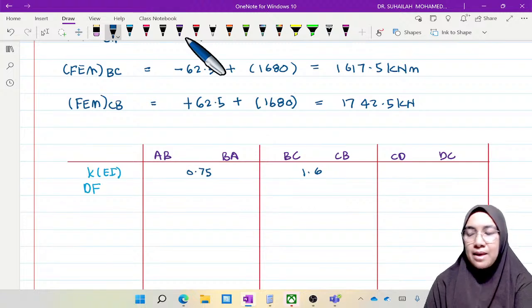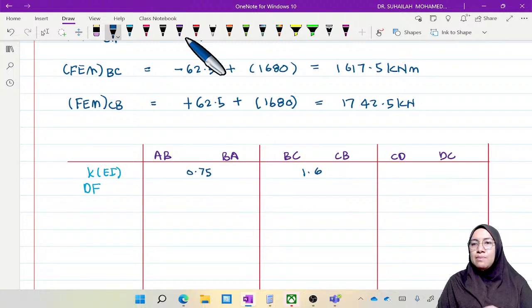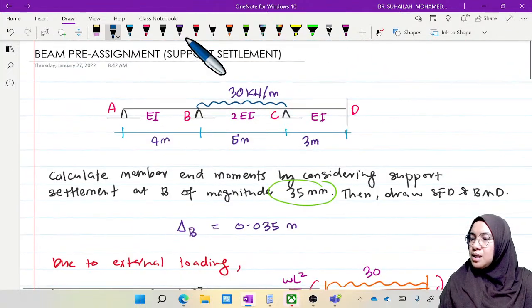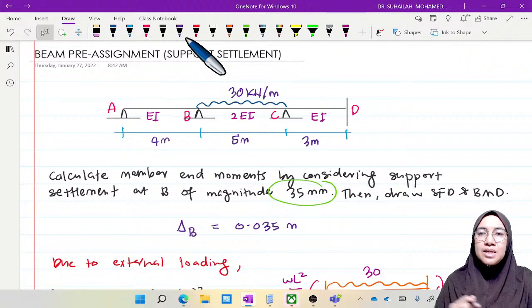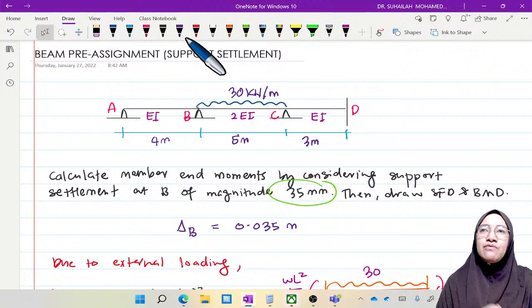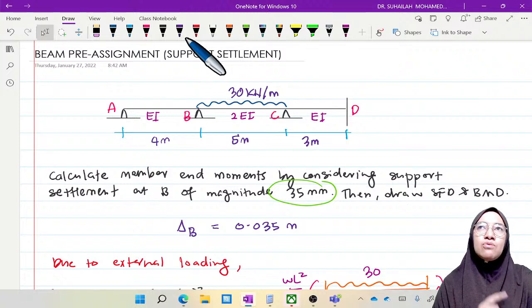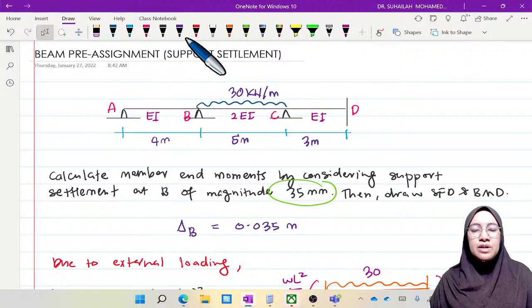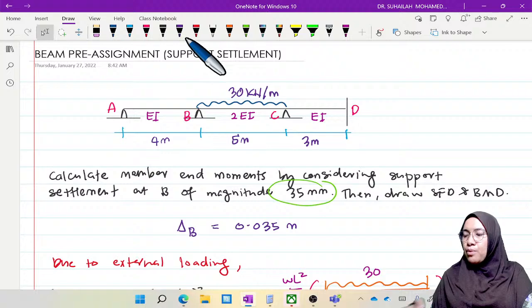Okay, member CD. CD is 3 meters. Because D is fixed, the far end is fixed, we use K equal to 4EI over L. It is 4 divided by 3, which is 1.3333.